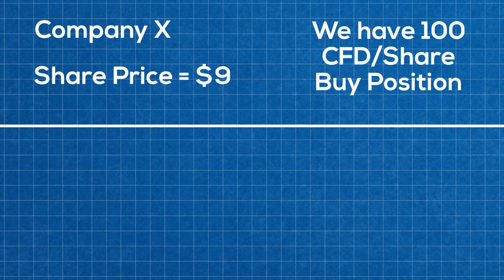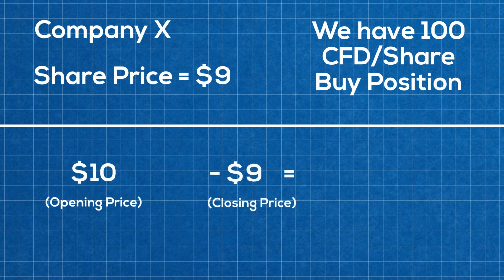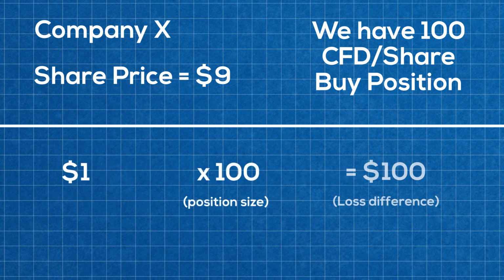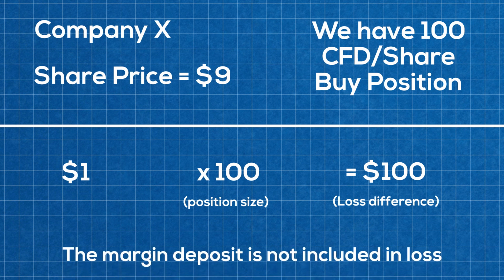So we decide to close the position and cut our losses. This means that the difference between the opening position and the closing position is $1 times 100 shares, which equals $100. So us, the retail trader, owed the broker $100. So the total loss on this trade is $100. You don't lose your margin deposit on top of the trade loss.